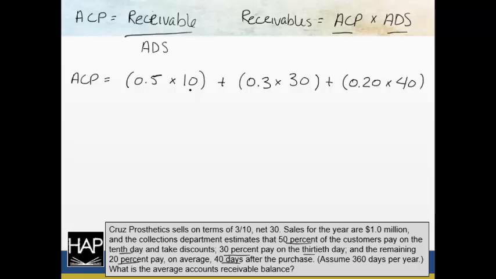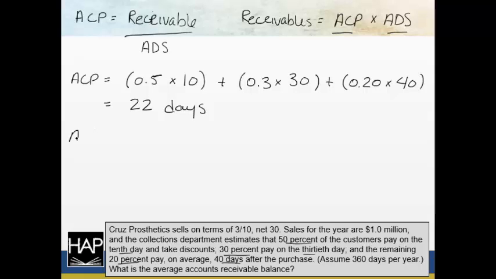This is going to give me a weighted average of the number of days it takes for people to pay Cruise Prosthetics after they make a sale. So if I multiply all those out and do the calculations, I see that the average collection period is 22 days. So on average, it takes 22 days for Cruise Prosthetics to be paid for sales that they make.